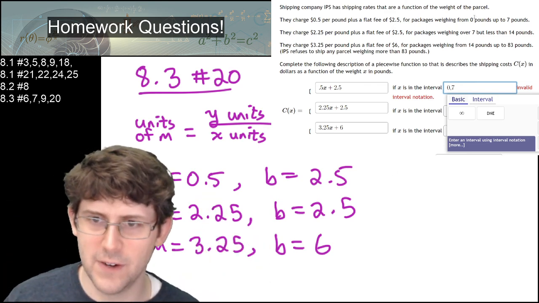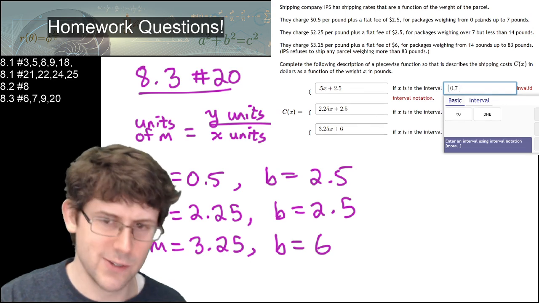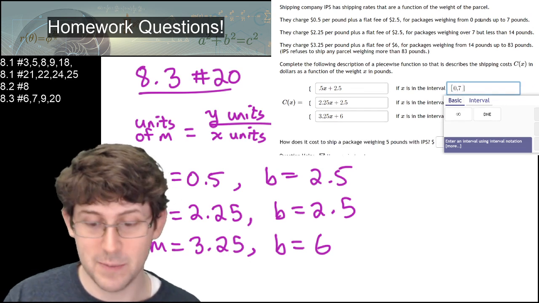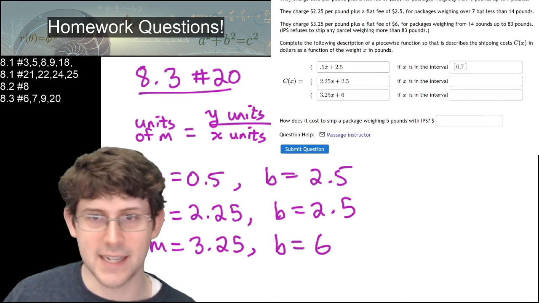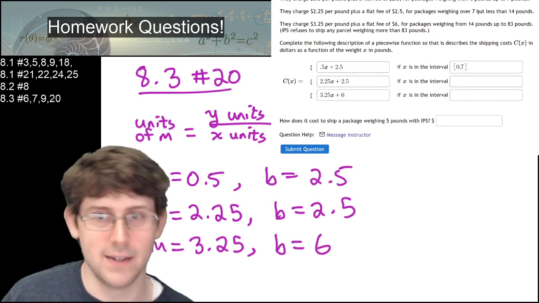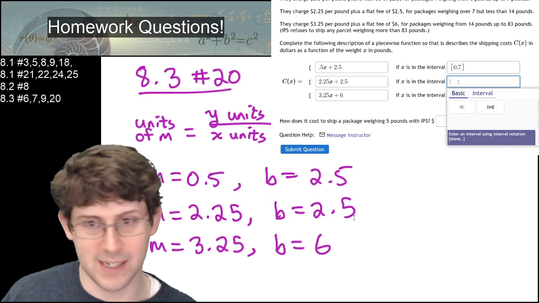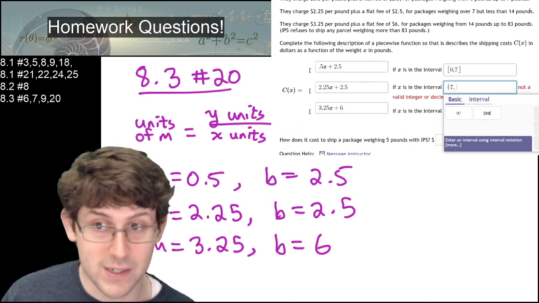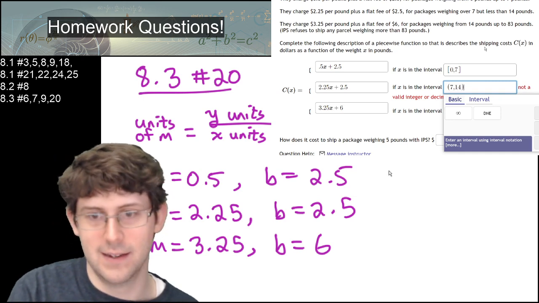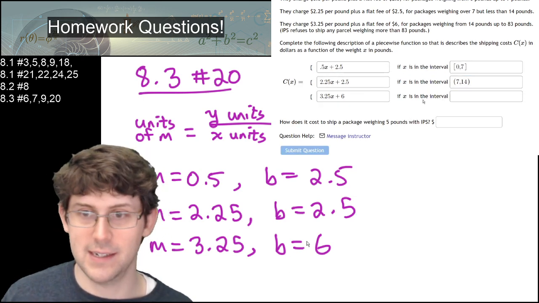Here it says from 0 pounds, that sounds like it includes 0, and up to 7 pounds also sounds like it includes 7. The second rule says over 7. Okay, over 7 does not include 7, so it's a 7 with a parenthesis. And less than 14 does not include 14, so the 14 also gets a parenthesis.